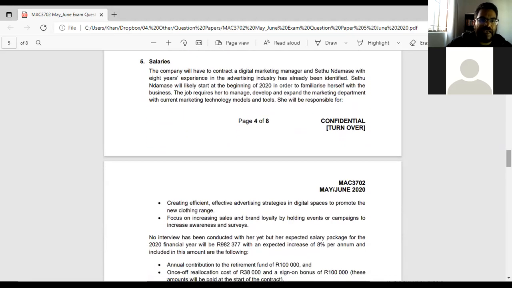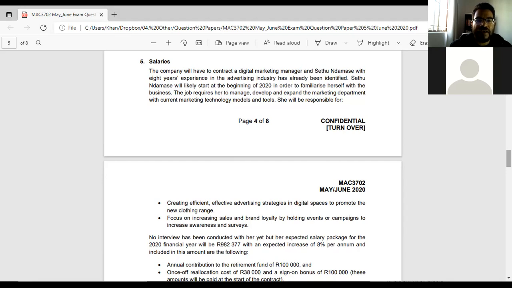Now let's have a look at salaries. The company will have to contract a digital marketing manager, and Sethu, with 8 years experience in the advertising industry, has already been identified. Sethu will likely start at the beginning of 2020 in order to familiarize herself with the business.